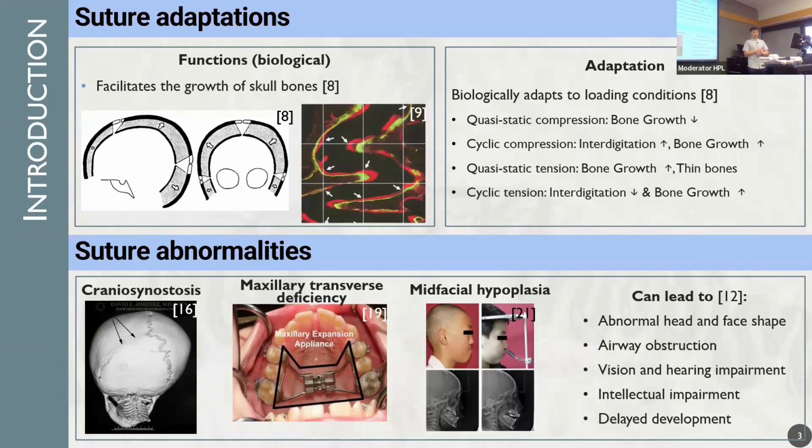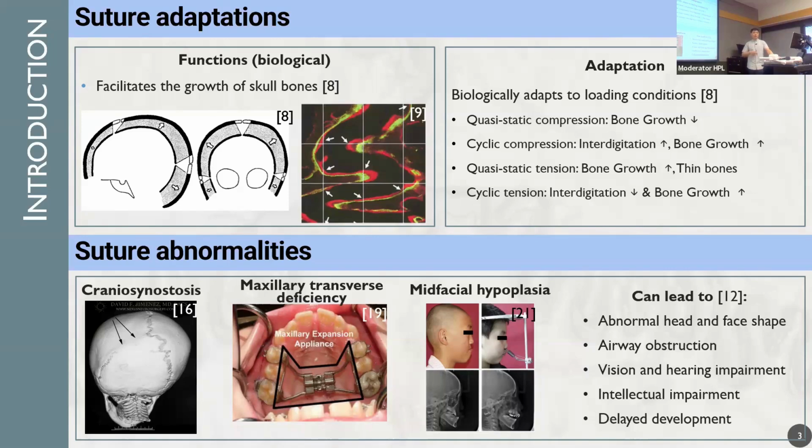Yeah, there are different approaches, like fractal analysis, to consider the complexity, wavelength, and high frequency of the interdigitation. But the simplest way is the linear interdigitation index.